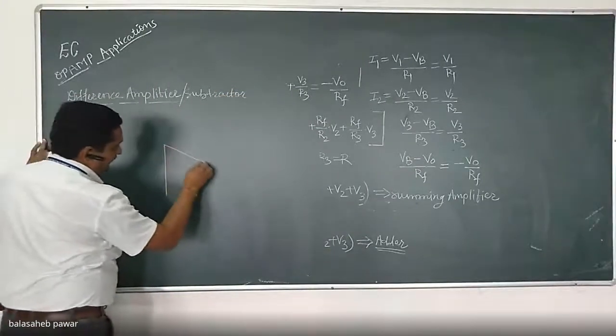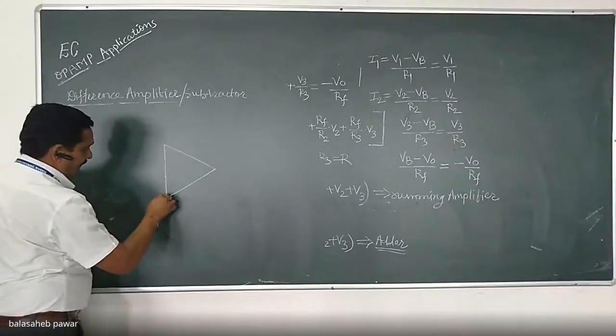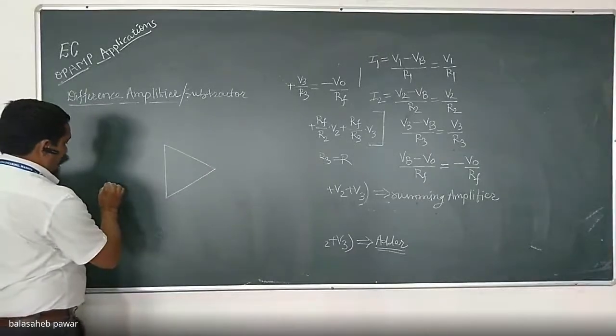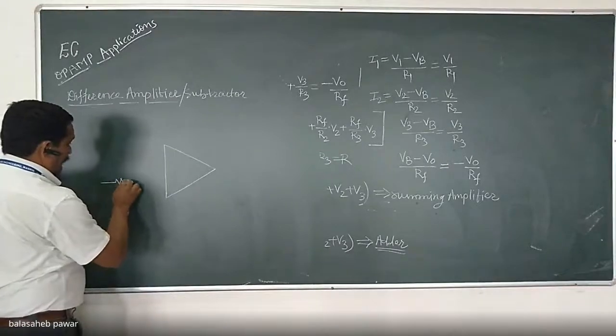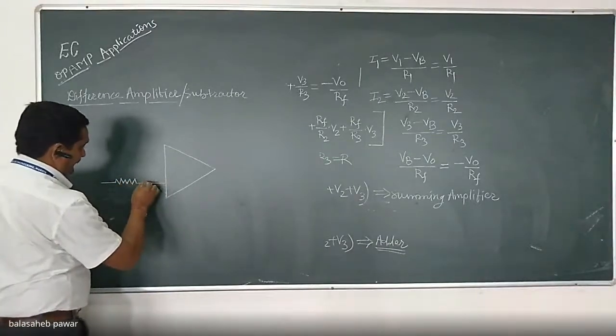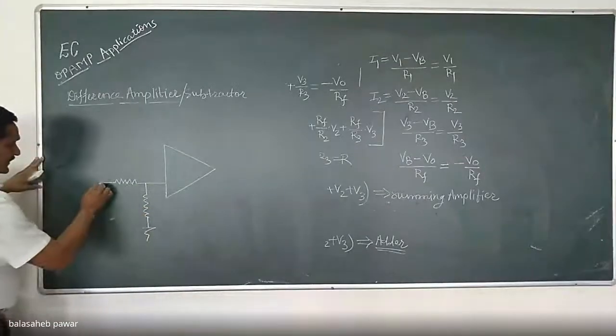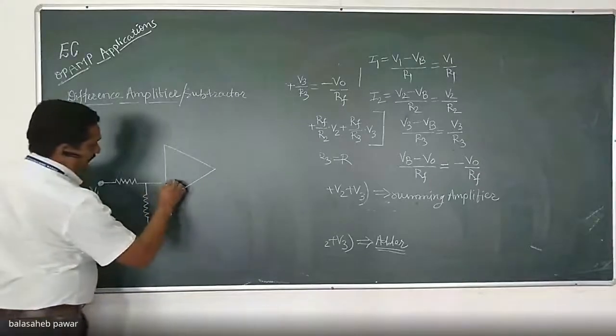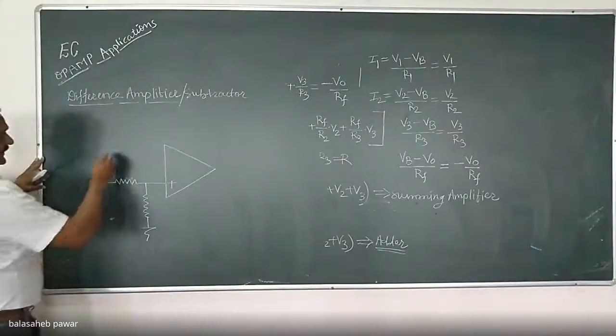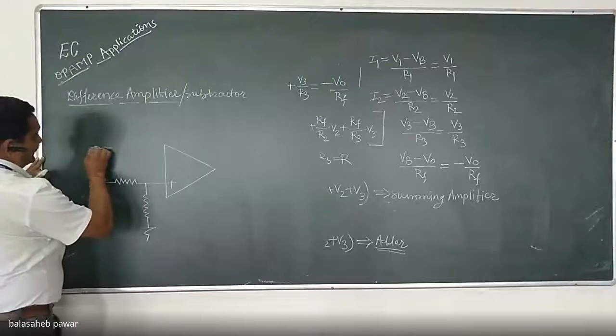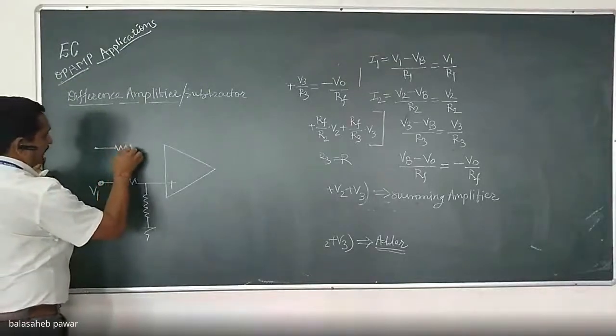Now, as I said, difference between two input signals means we have to consider two inputs separately applied to the two input terminals of the op-amp. Here I will call V1 the input applied to the non-inverting terminal and V2 the other input to the inverting terminal.